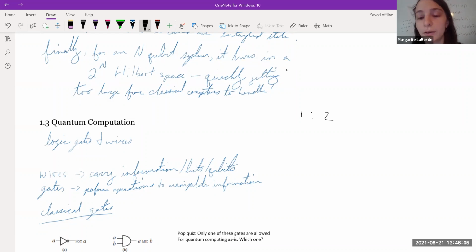And then if you have 2 bits, well, you can go all the way up to 4, and so on and so forth. For an n-qubit system, it scales much faster. You get a 2 to the n Hilbert space. Whereas this is giving you discrete numbers, so these are discrete, and this is classical.